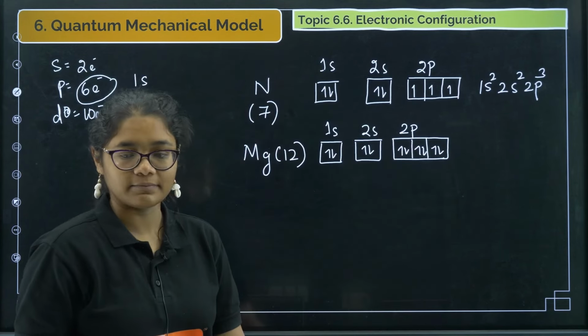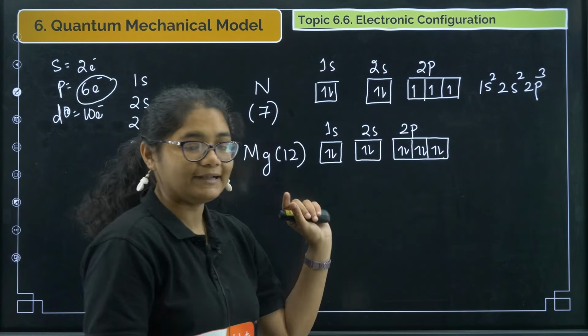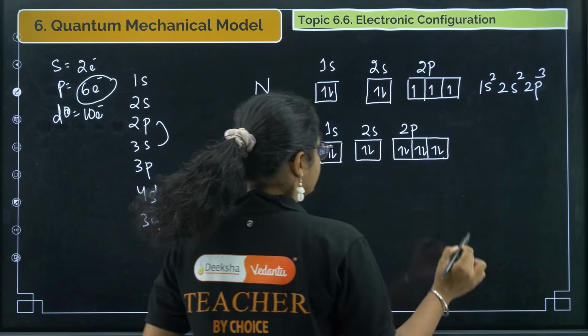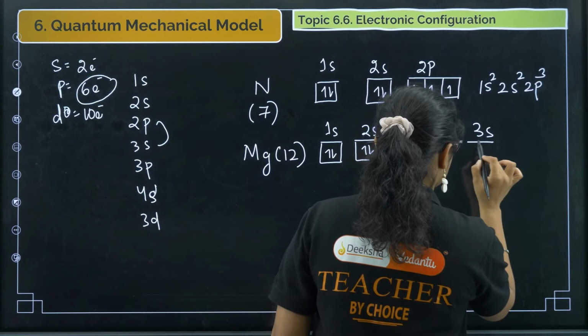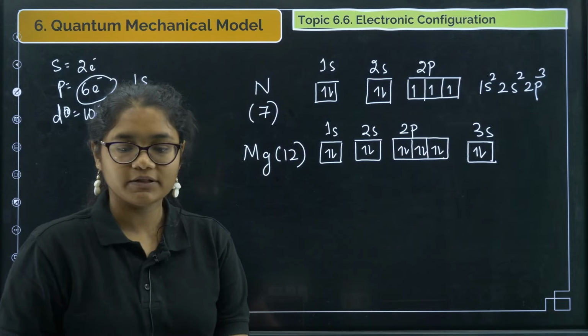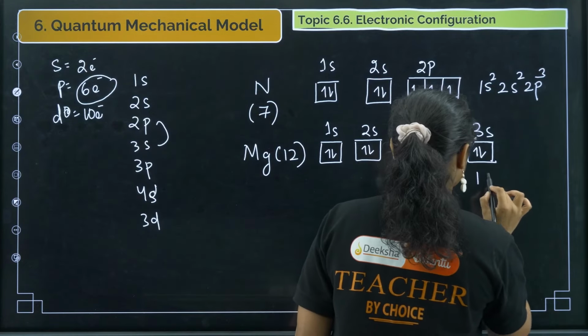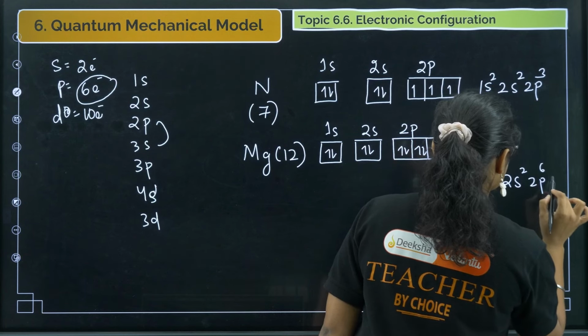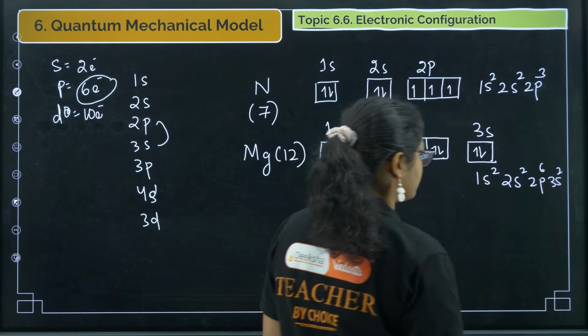So how many electrons have been done? 6, 7, 8, 9, 10. So 2 more electrons are left. After 2p we have 3s, and I'll put 2 more electrons here. So what will be the configuration here? It will be 1s2, 2s2, 2p6 and 3s2.